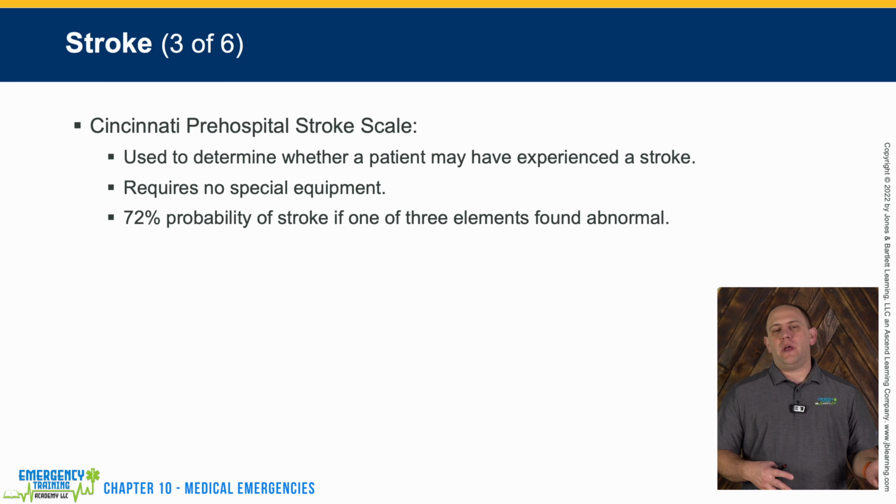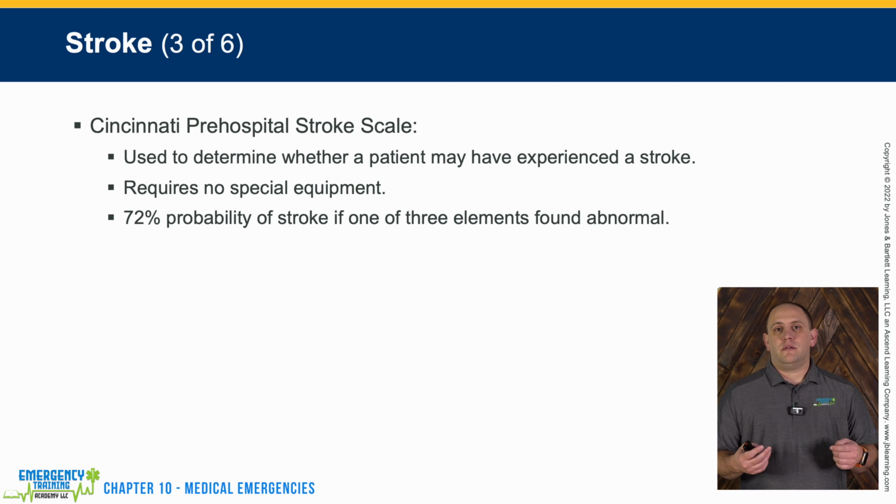There are many different tools that we can use as emergency medical responders to try and determine if the patient is having a stroke. One of the most common that we will see in pre-hospital care is the Cincinnati Pre-Hospital Stroke Scale. This is used to help us determine if the patient is having a stroke.